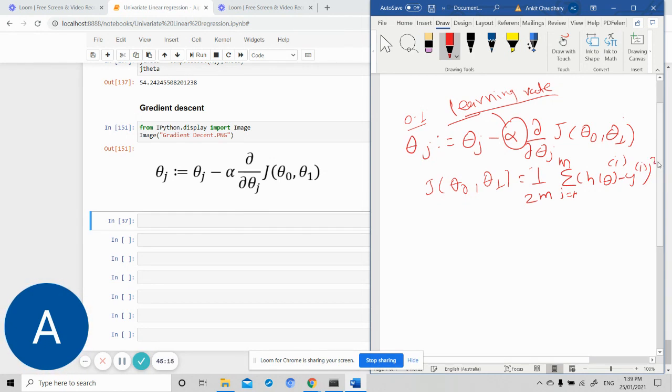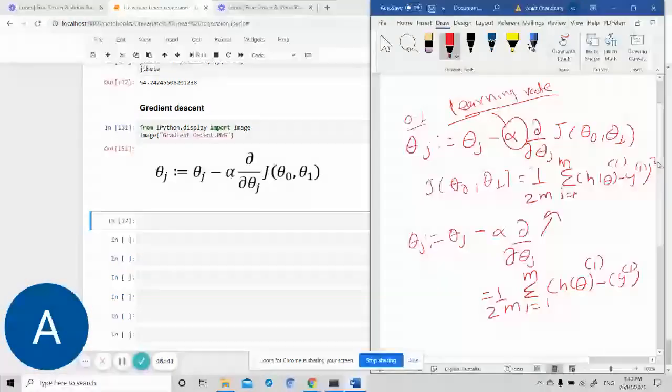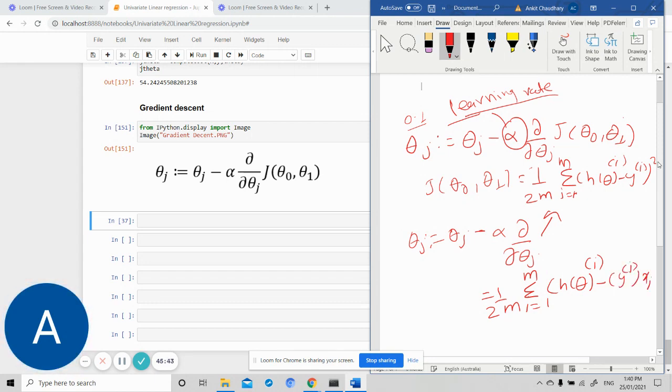Now if we take the derivative with respect to this, then what we get is 1 by 2m sigma i equals 1 to m, h of theta of i minus y of i, into x i.